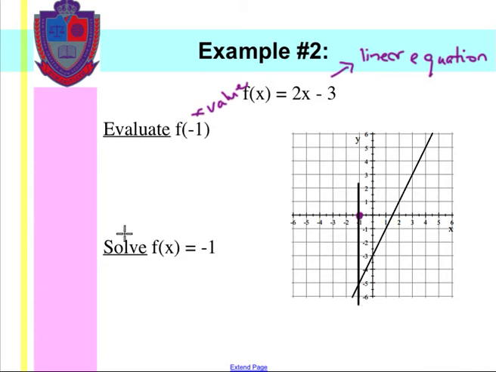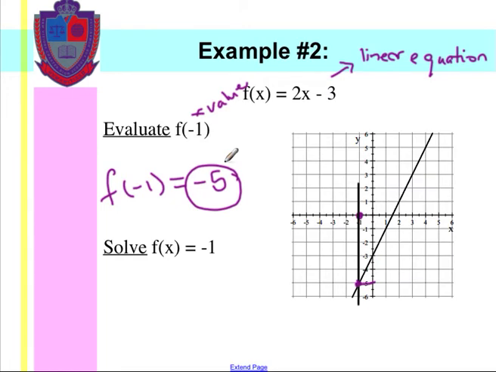Perfect. So here we see that they intersect the graph at this point right here. And remember, you want the output, which is my y value. So I'm just going to come over and I see that f of negative 1 will be at negative 5.